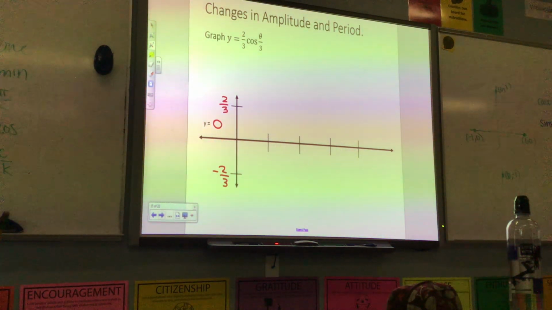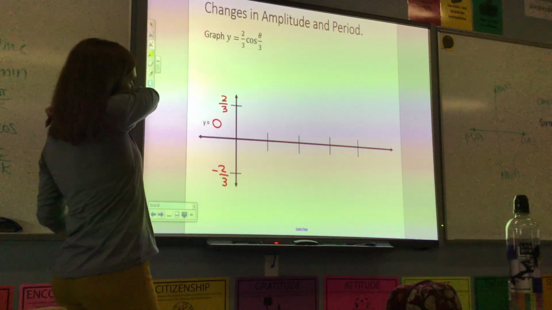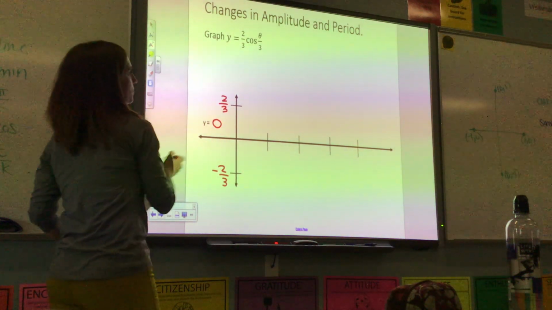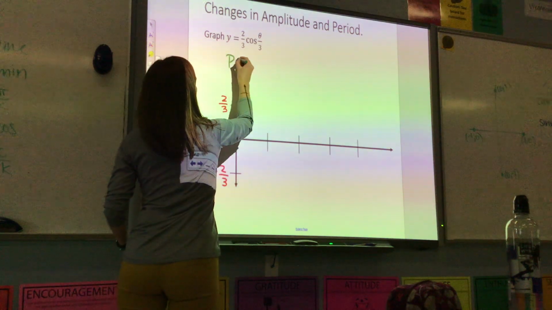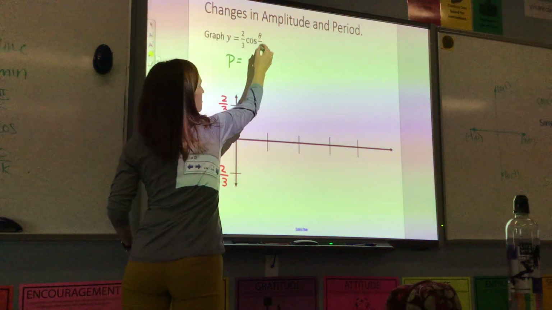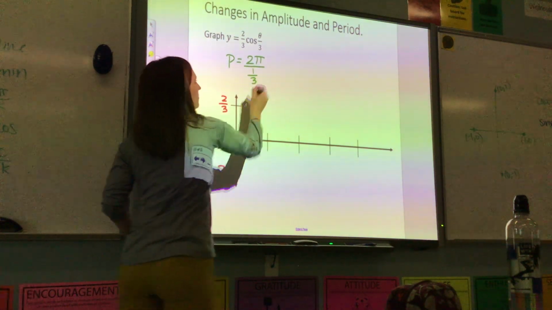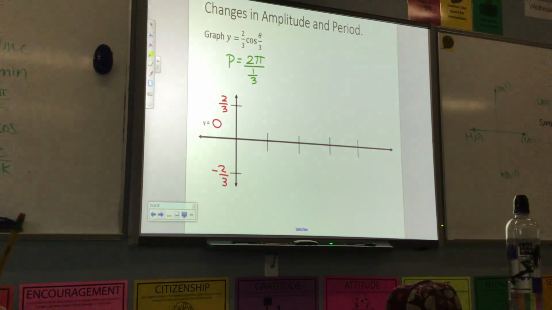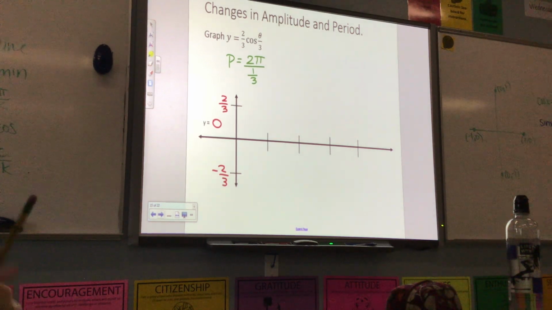Again, you get most of your points from labeling the axes, so make sure that you're labeling those. What's my K value? Good, it is 1/3, so to get my period, it is 2 pi over 1/3. How do you simplify that complex fraction?